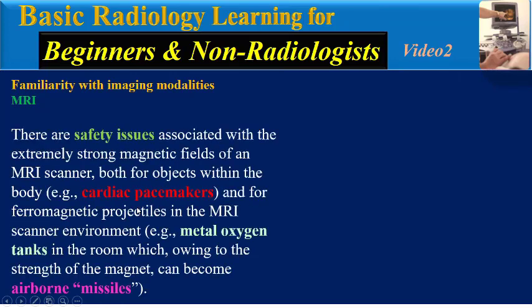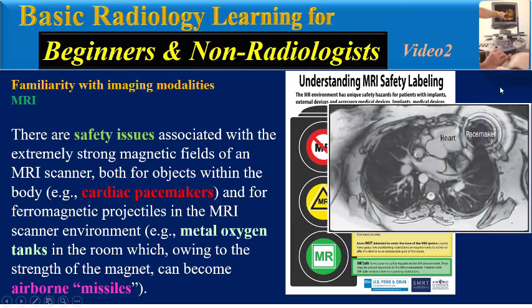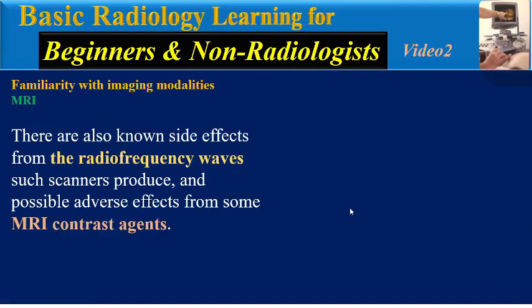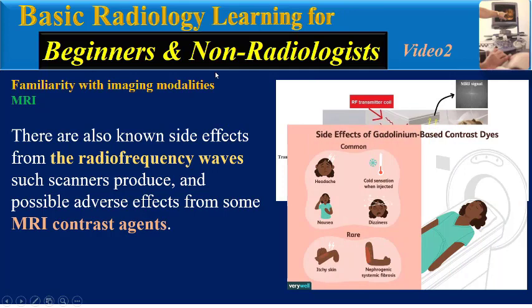There are safety issues associated with the extremely strong magnetic fields of an MRI scanner, both for objects within the body, for example cardiac pacemakers, and for ferromagnetic projectiles in the MRI scanner environment, for example metal oxygen tanks in the room, which owing to the strength of the magnet can become airborne missiles. There are also known side effects from the radio frequency waves such scanners produce and possible adverse effects from some MRI contrast agents.